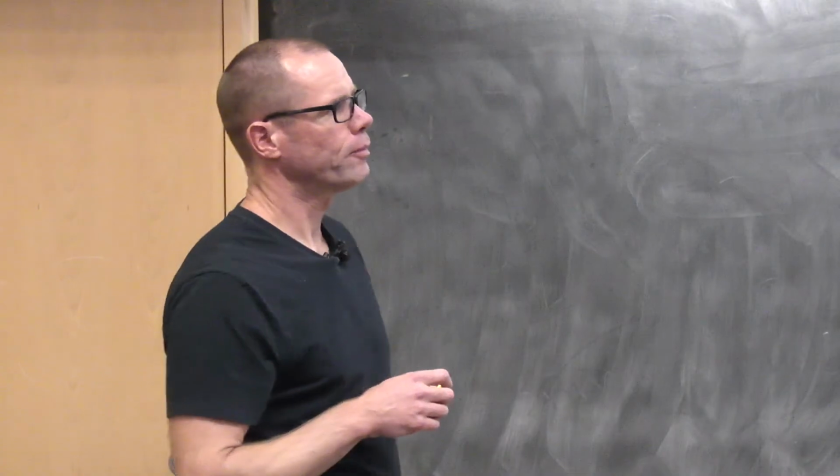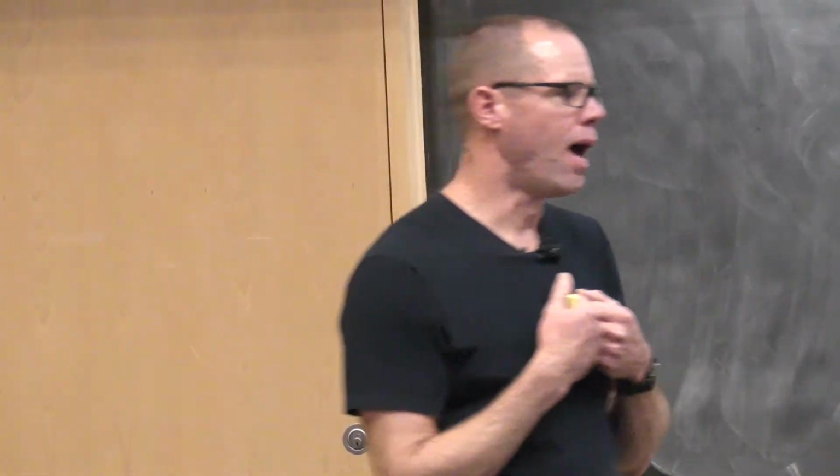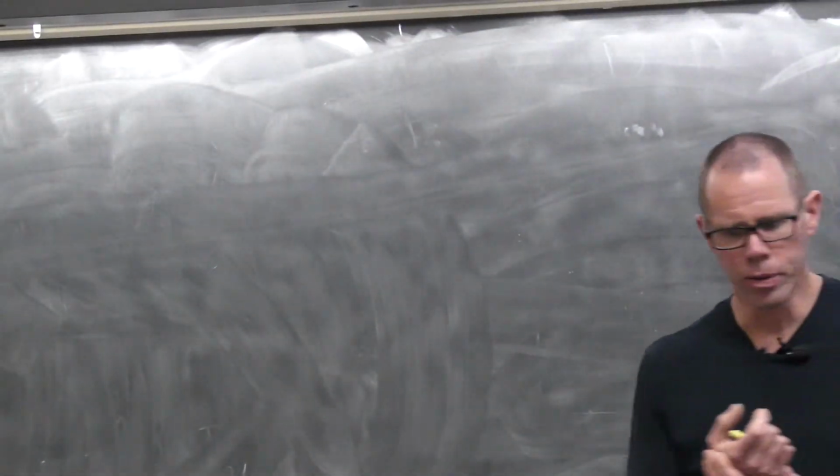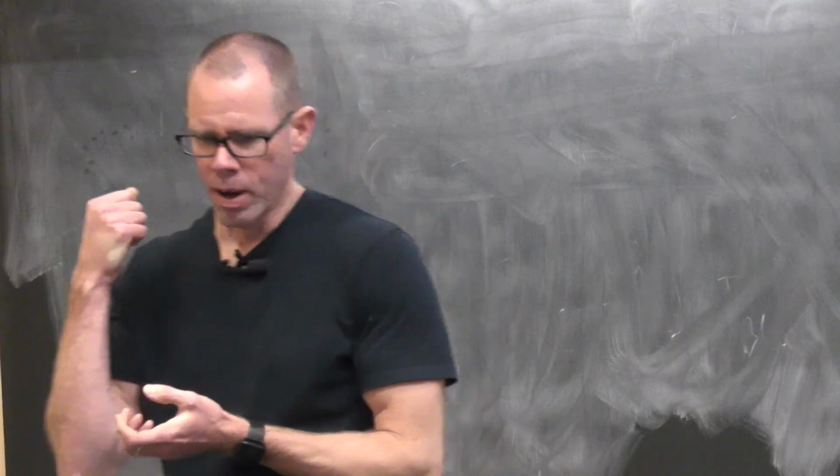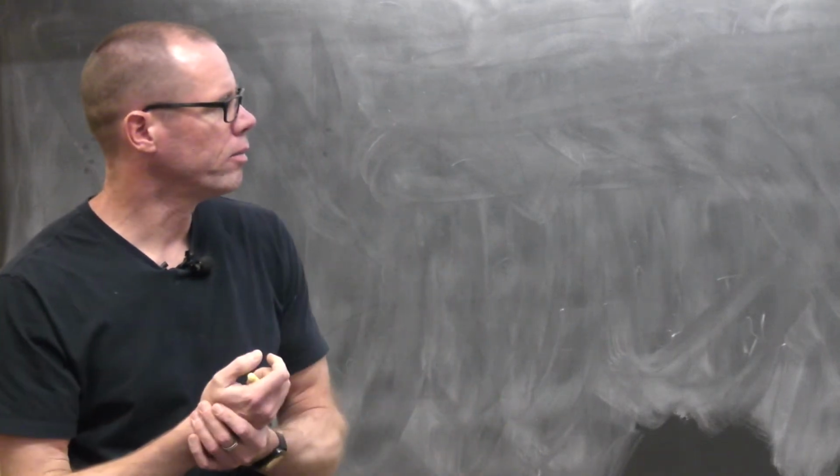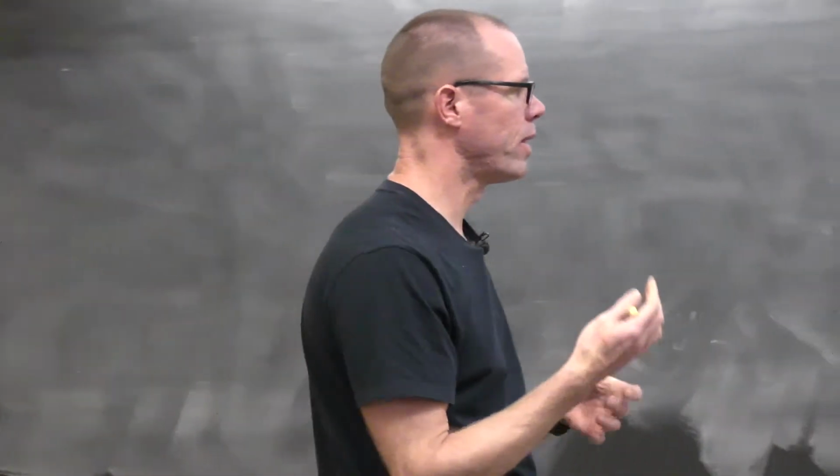So here's the thing you want to know. A random variable is just something that can take on different values with different probabilities. If you pick a random person, that's a random thing, and you say, what is the height of that person in centimeters?